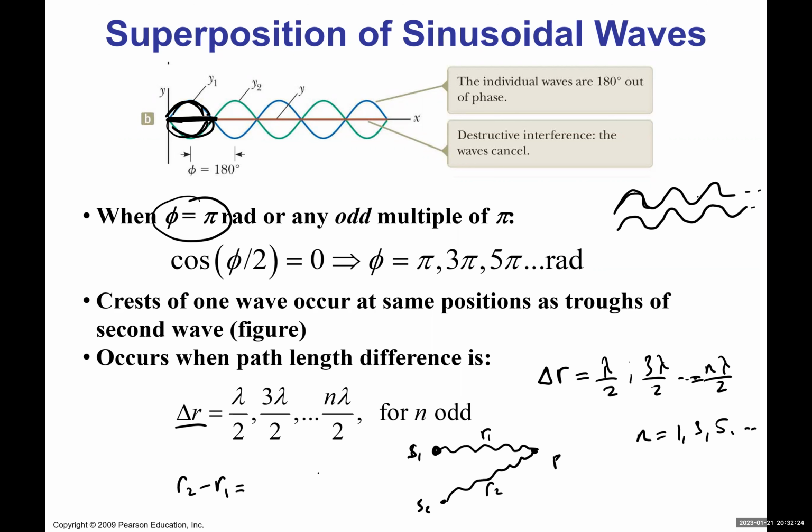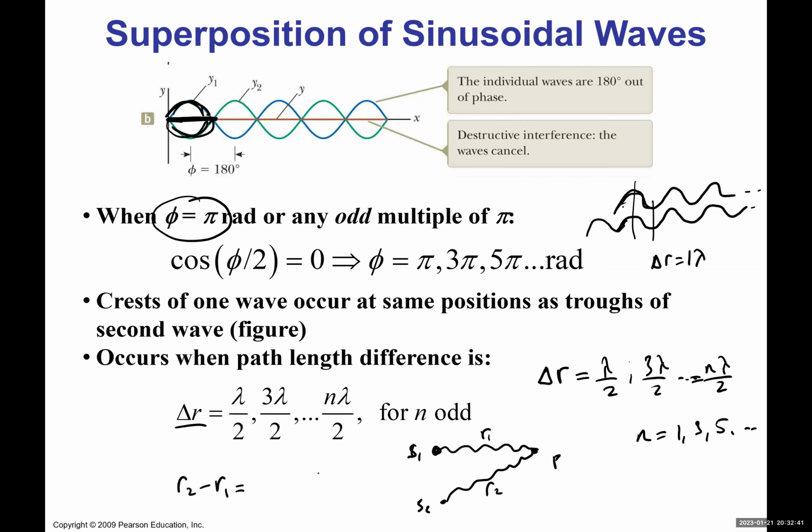But if I take one of the waves and shift it by exactly one wavelength, it's still in phase, because what I have here is crest, crest, trough, trough. The only difference is that delta R equals 1 times wavelength. There's a 1 wavelength difference between them.